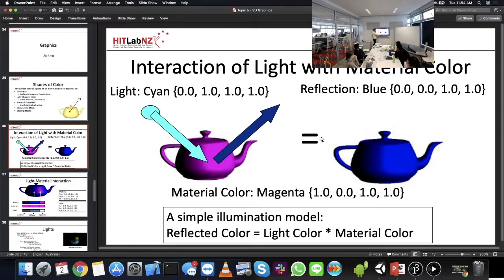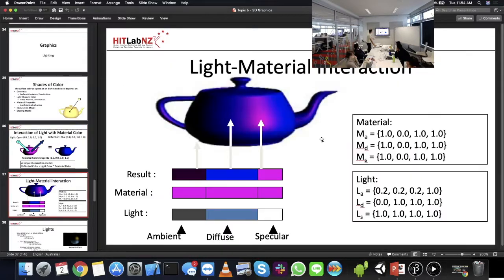So in this very simple illumination model, if we have a purple teapot and a cyan-colored light, the teapot will appear blue. Obviously, this is never the case in pretty much any illumination model because that is incredibly unrealistic, but it's just a simple example to see what sort of computations are happening.